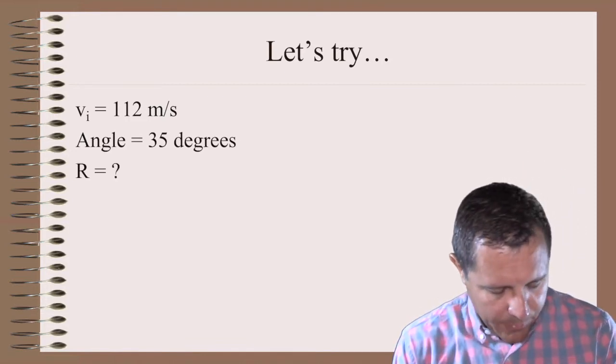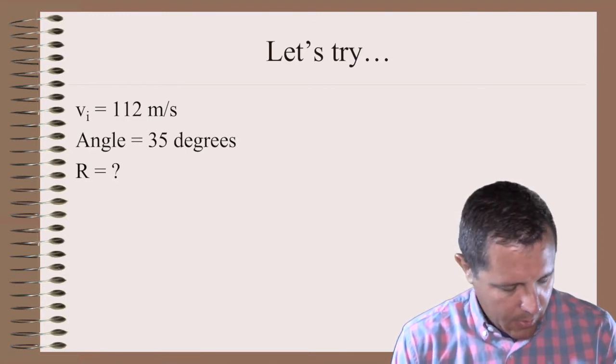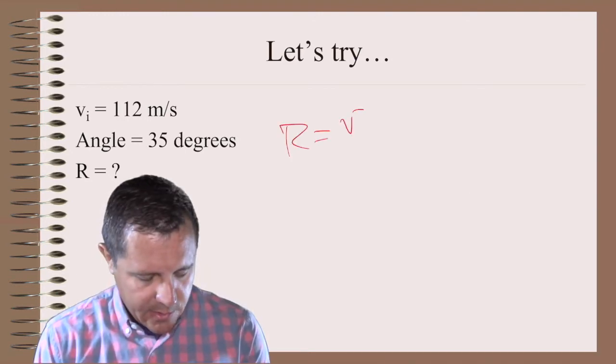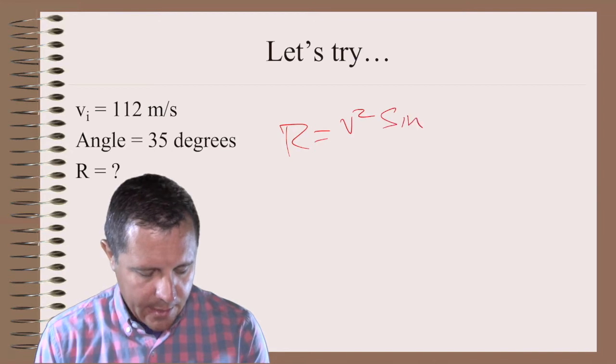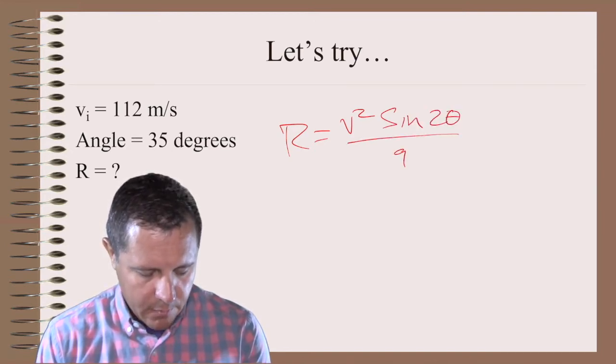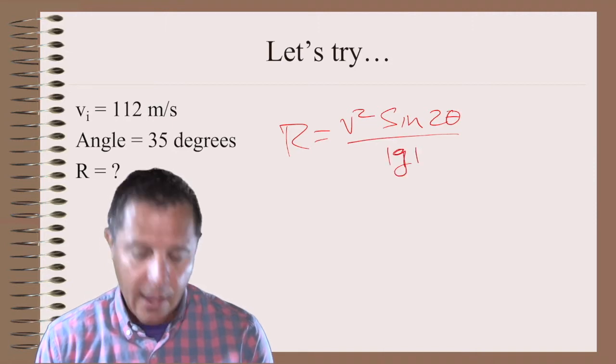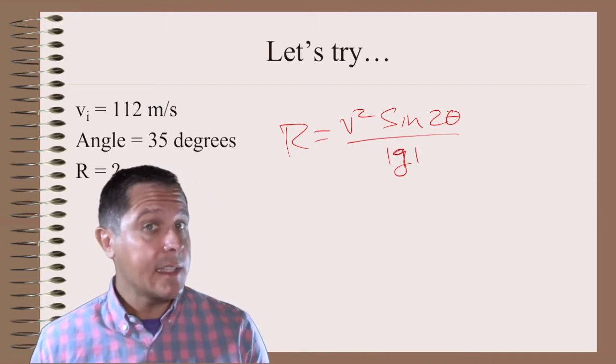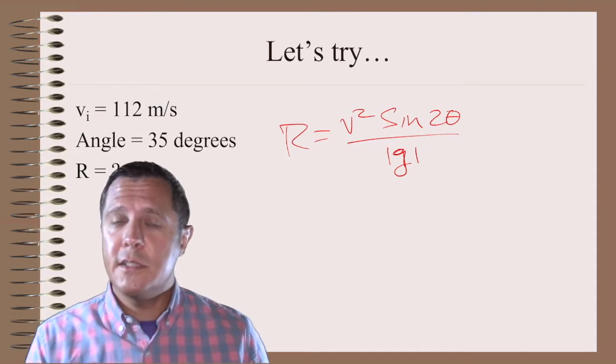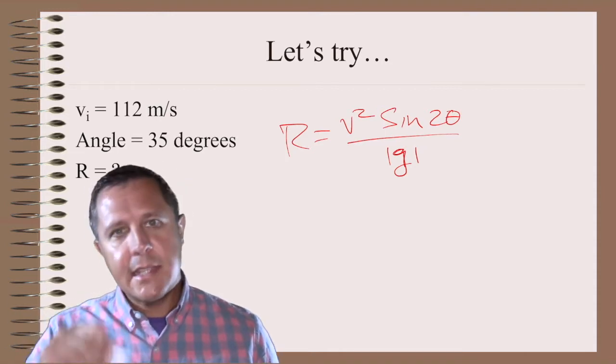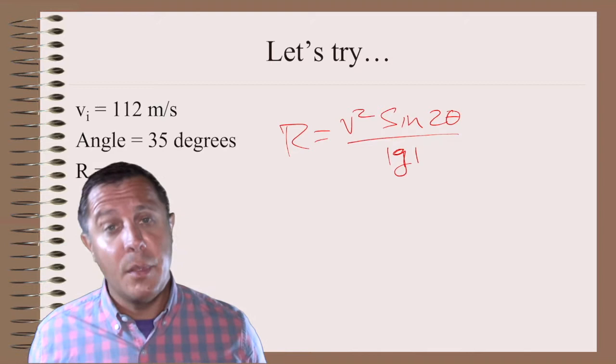If I do this, my range equation is v squared sine of 2 times the angle divided by 9.8, or g, absolute value. Again, remember, it's not sine of 20. Sometimes students make that common mistake. They see sine of 2 and they don't know what that other symbol is, and think it must be a 0.